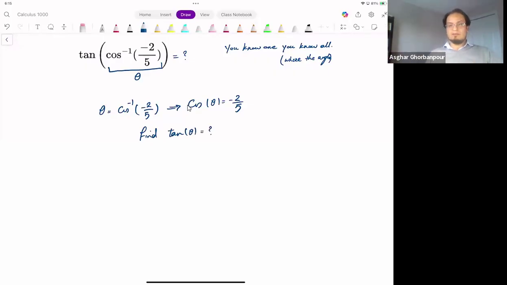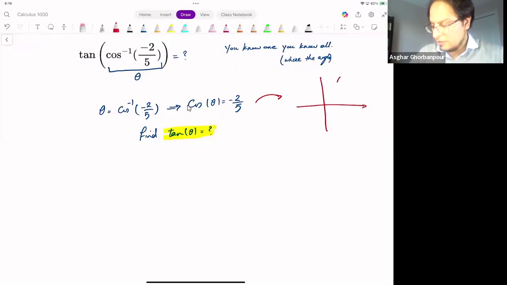So you have to see this. We are not trying to find what is cosine inverse, what is the value of theta. What we want to find is the tan of that theta. And for this, first thing to see is which quadrant this is in. Cosine of theta is negative.